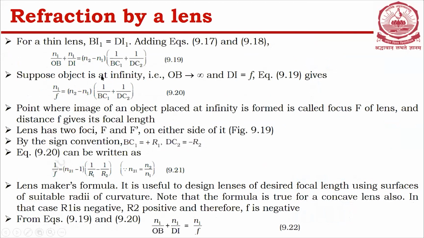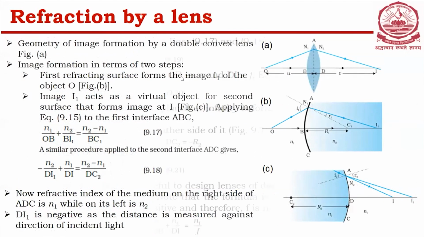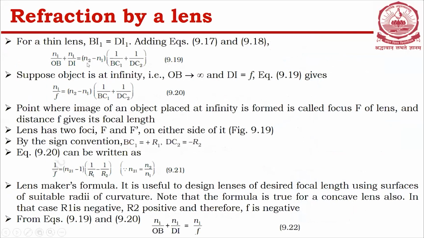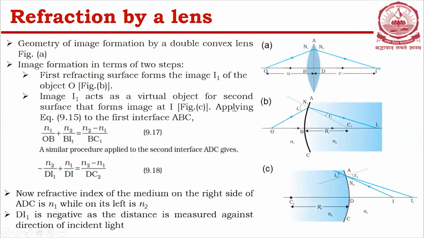Suppose you take the object point at infinite distance, then OB becomes infinity, so this becomes 0, and DI is nothing but your focal point, because light rays from an infinite object will focus at the focal point.